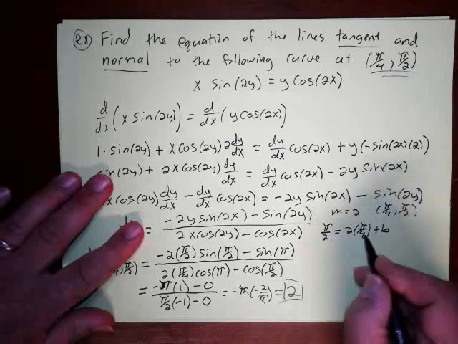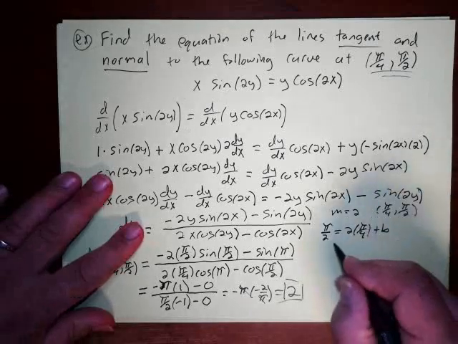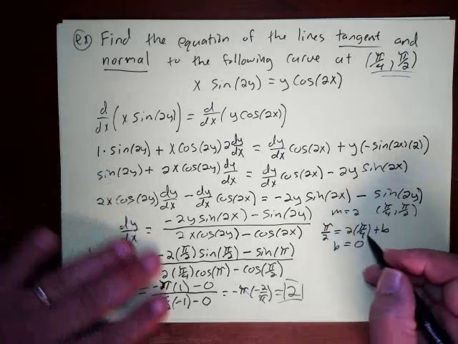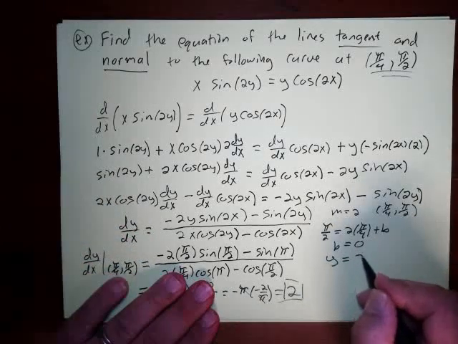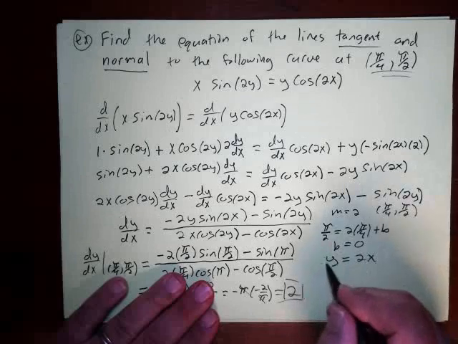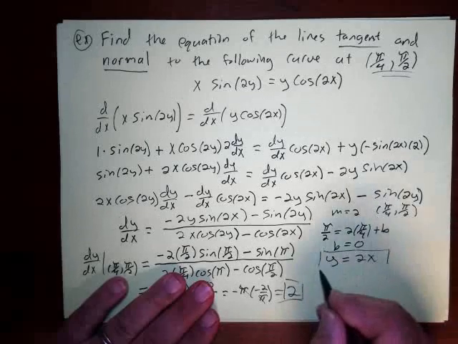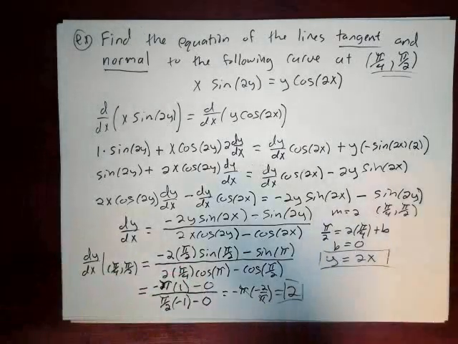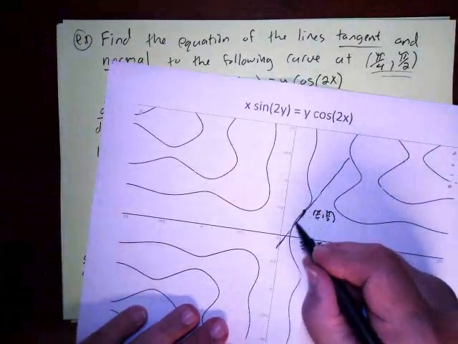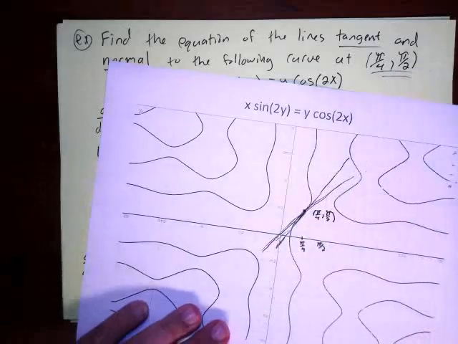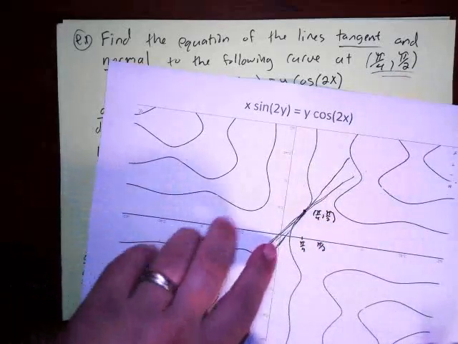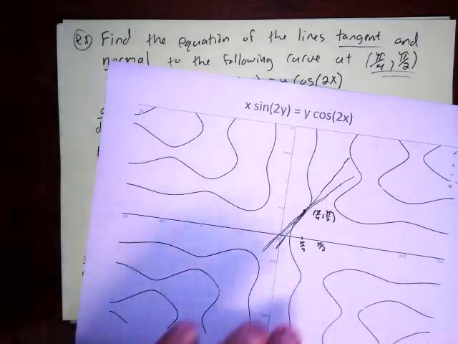And so I bring that over, and it looks like my b is just equal to 0, right? And so it looks like the tangent line is y equals 2x. And that makes sense. I didn't draw it perfect. This should have been more like that. Okay, something like that, but it's just y equals 2x.